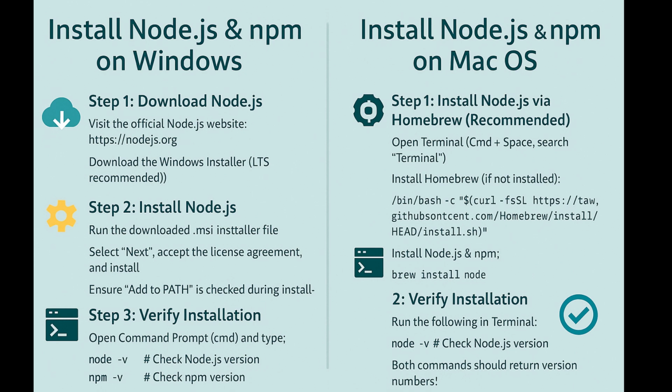There is an official website from where you can download and install it. It's very simple. And for macOS, on the right-hand side, you can see the steps defined for how to install it. I will add these links in the description box. If you need more detail, please drop me a comment. I will try to assist you.